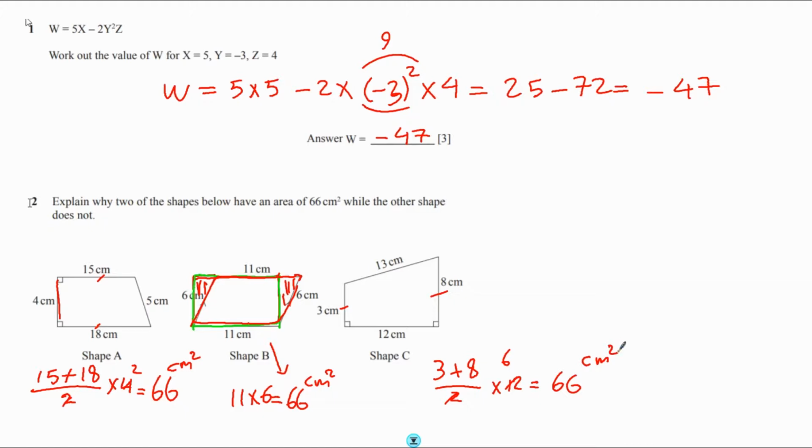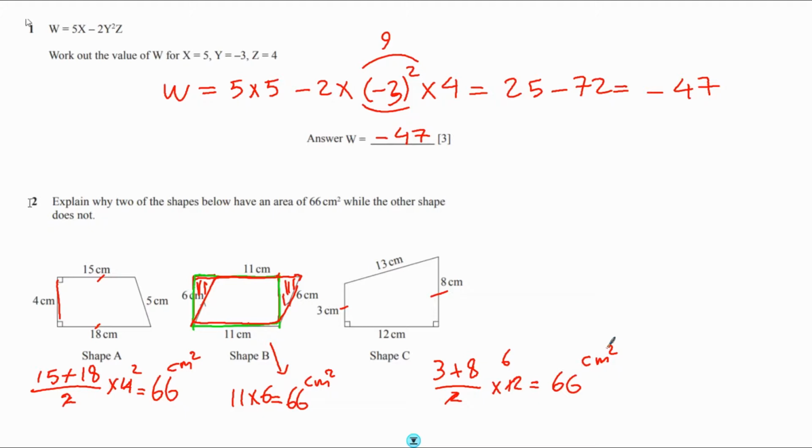So, explain why two of the shapes below have an area of 66 centimetres squared while the other shape does not. Looking at all three shapes, we have 66 centimetres squared as the surface area.